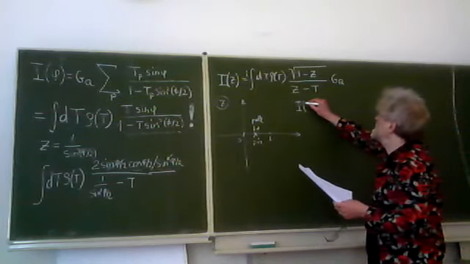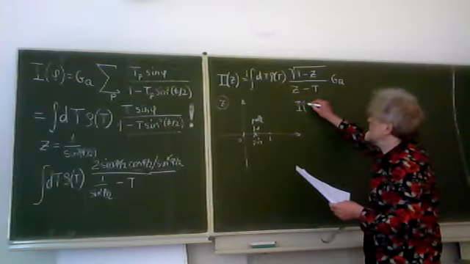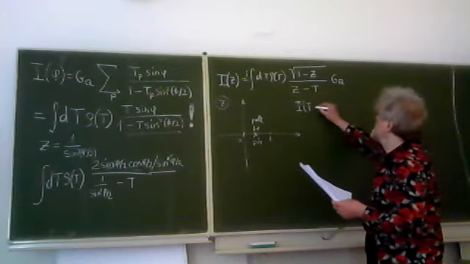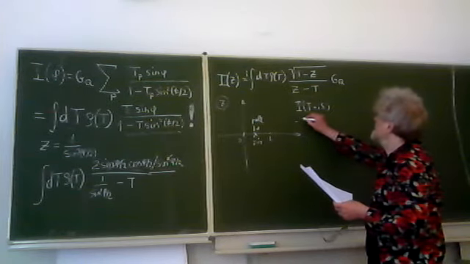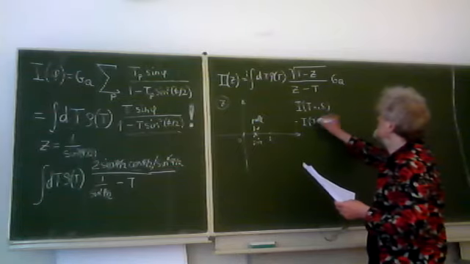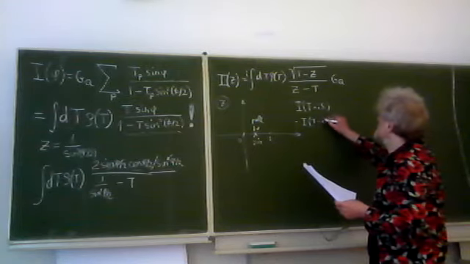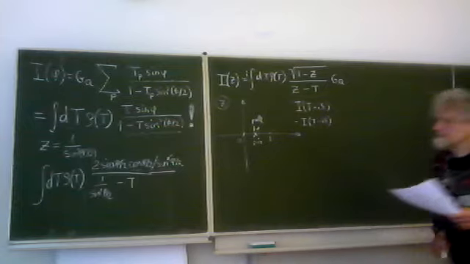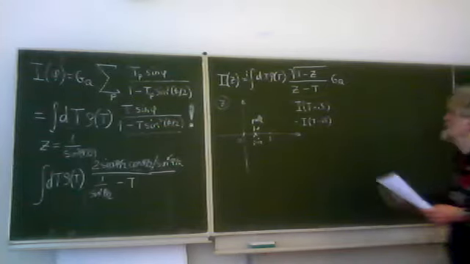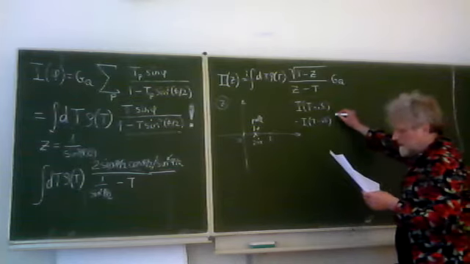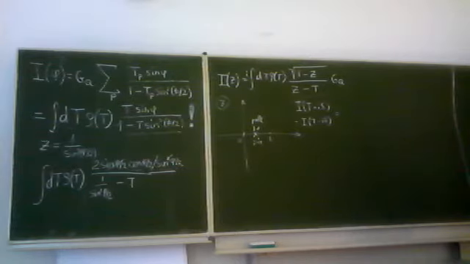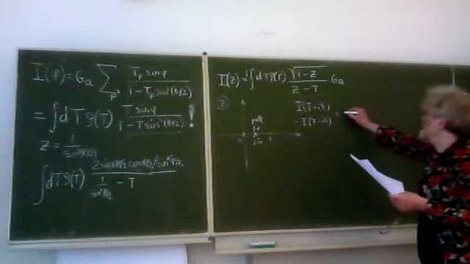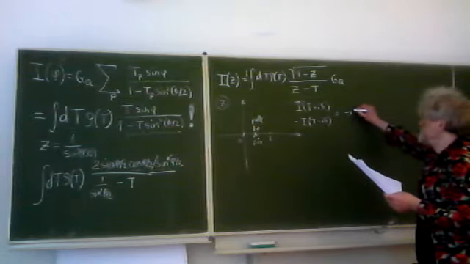I will look at the difference between I at z plus a small imaginary part minus I at z minus a small imaginary part. And that will become a delta function by virtue of the Cauchy rule.